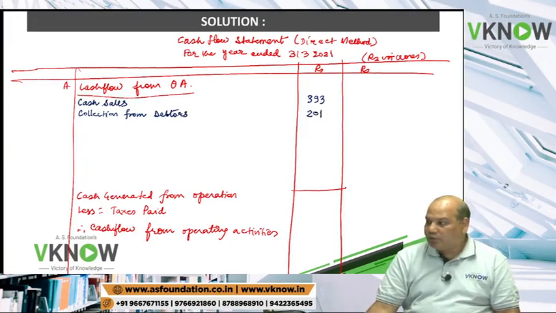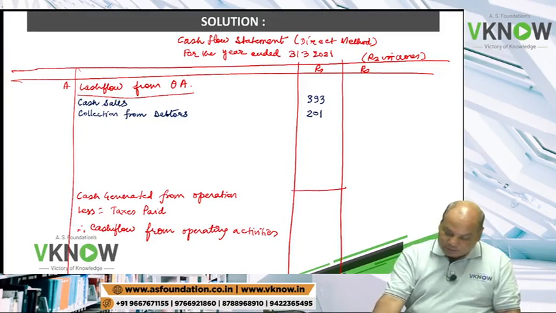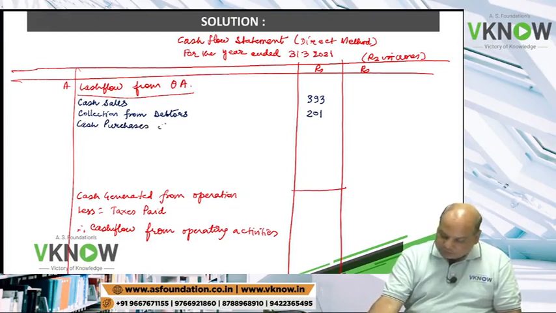Now it says purchases for the year amounted to 330 crore, out of which credit purchase was 80%. So here you write down cash purchase. Cash purchase will be 330 crore into 20%, because 80% is credit.